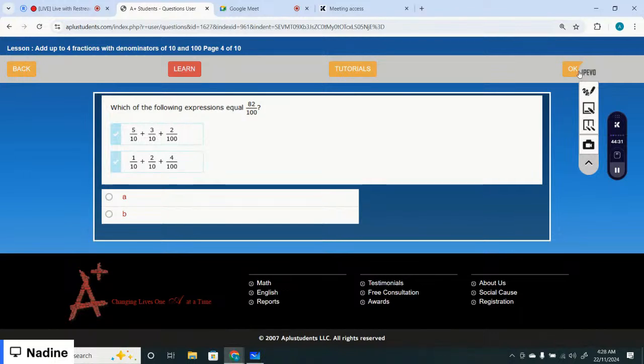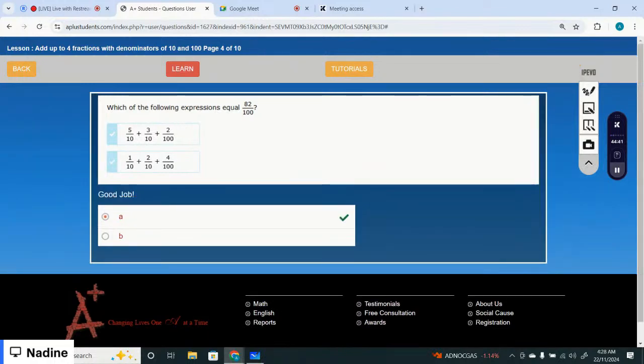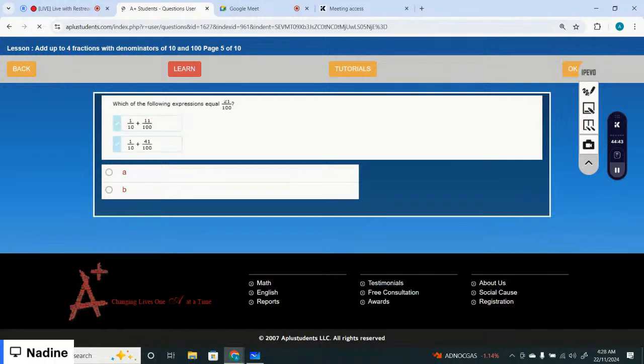That is option number 1 is the correct option. That is 50 plus 30 plus 2, that makes 82. So option number A is the correct option.